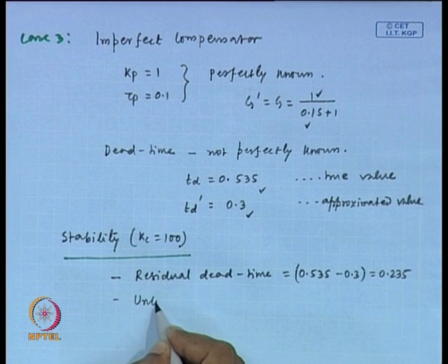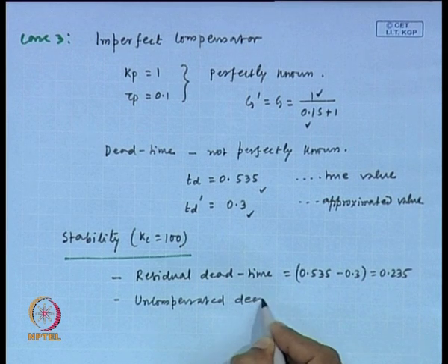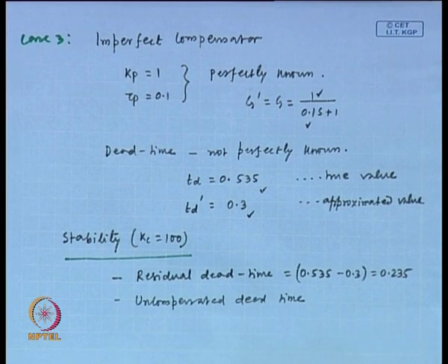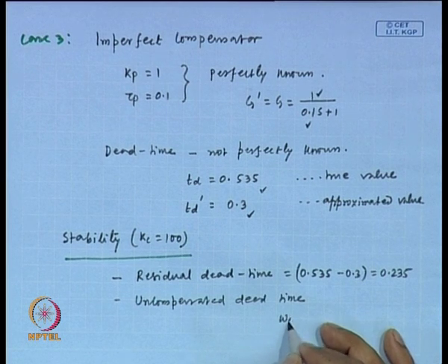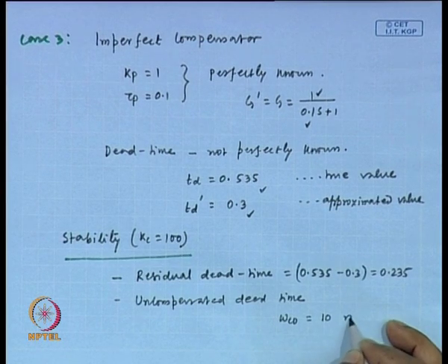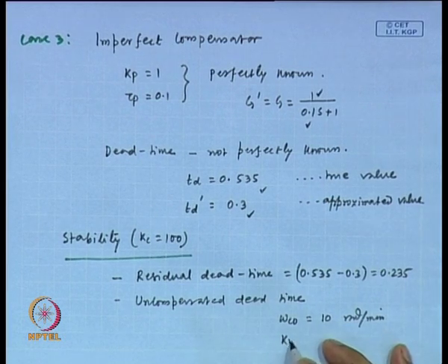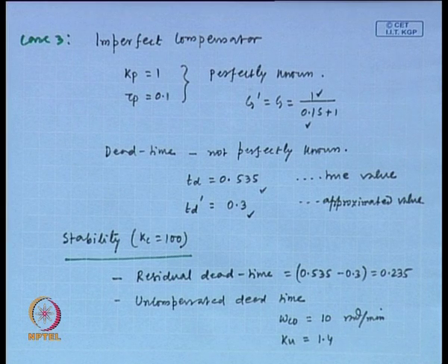Now, uncompensated dead time corresponds to omega c naught 10 radian per minute. Fine. Uncompensated dead time corresponds to Ku 1.4. At the beginning of today's class, we got these values.